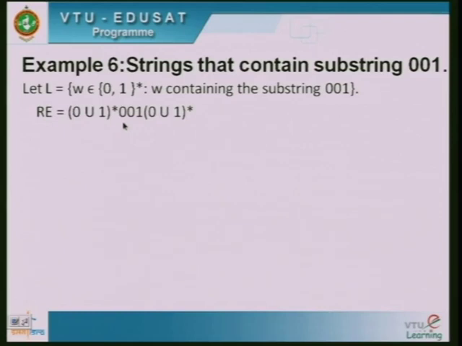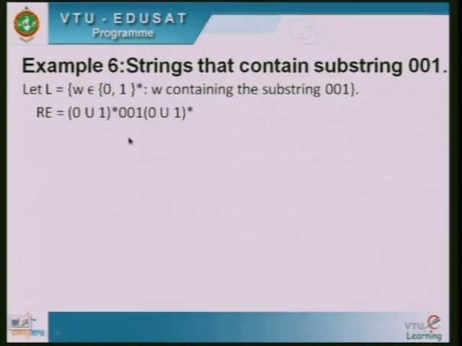If you write the regular expression, it will be (0 union 1) whole star followed by 001 followed by (0 union 1) whole star. So, before and after this 001, you can have any strings of 0 and 1.